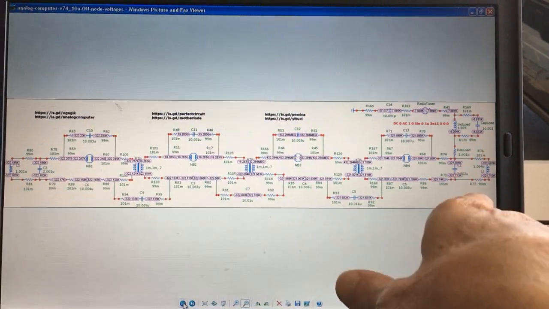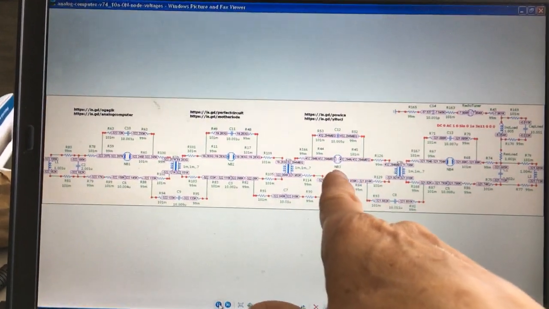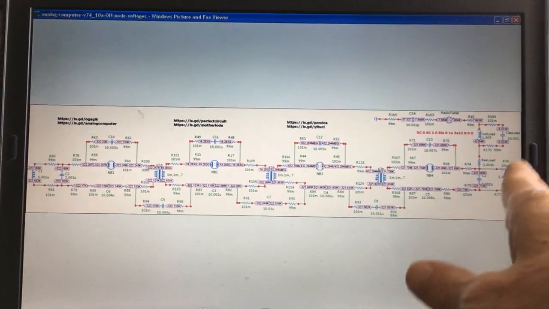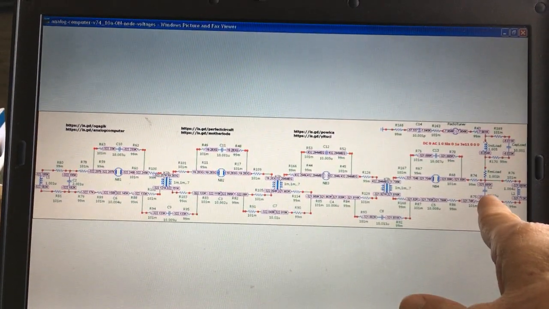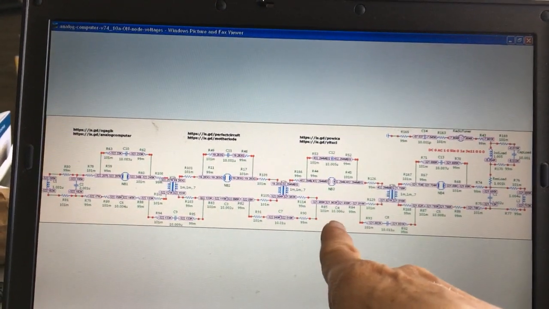They are patterned off of the same core, except there's no transformer on the end here. It's just a plain inductor, and there's also a parallel capacitor here. But otherwise it's the same.